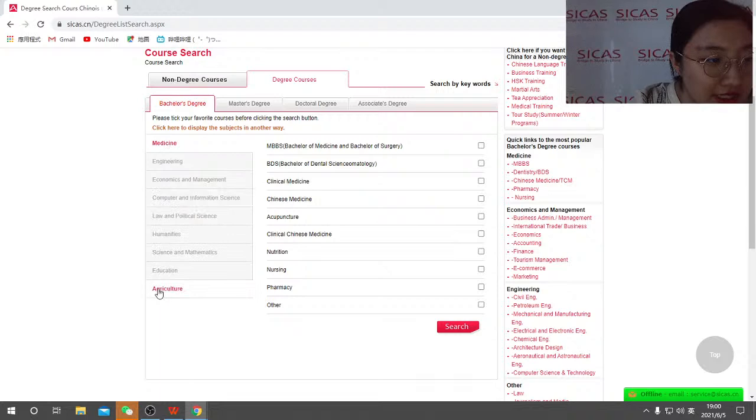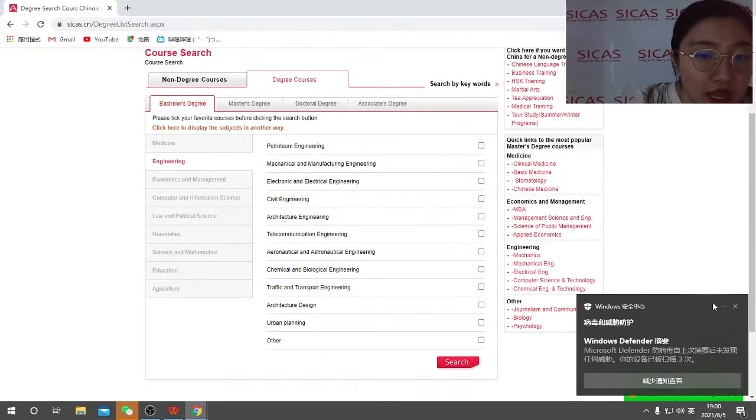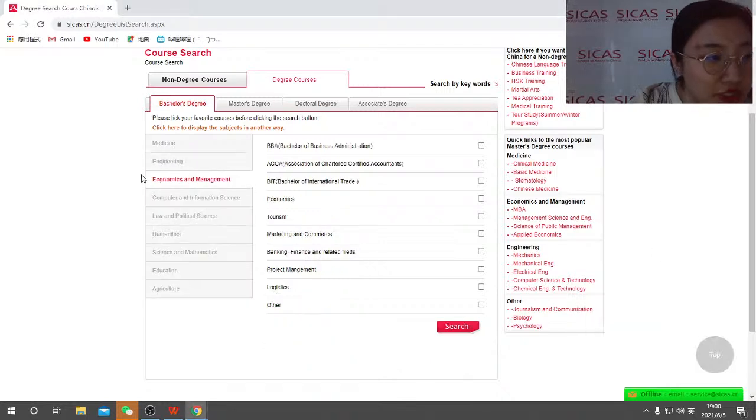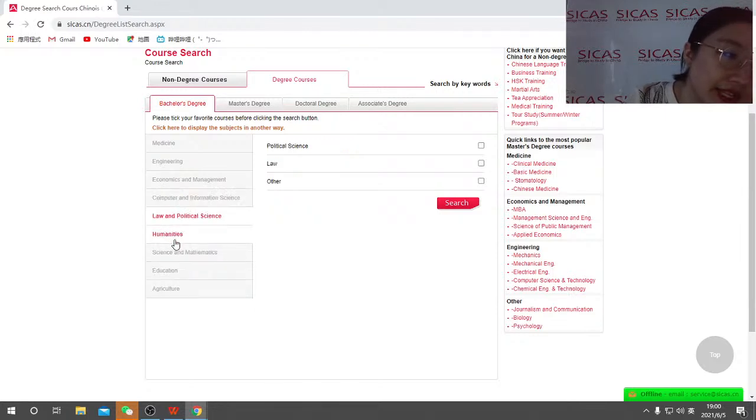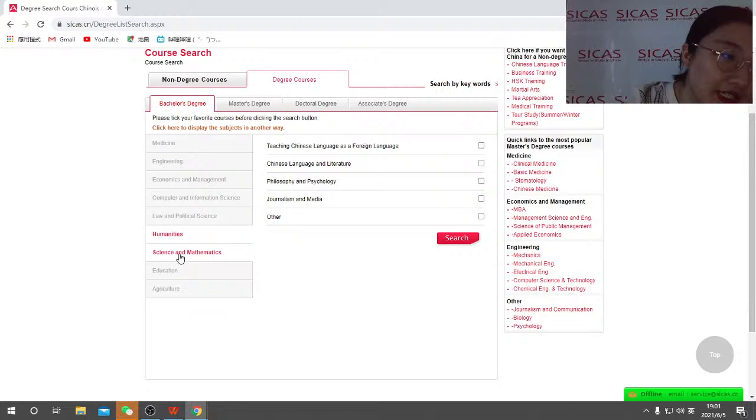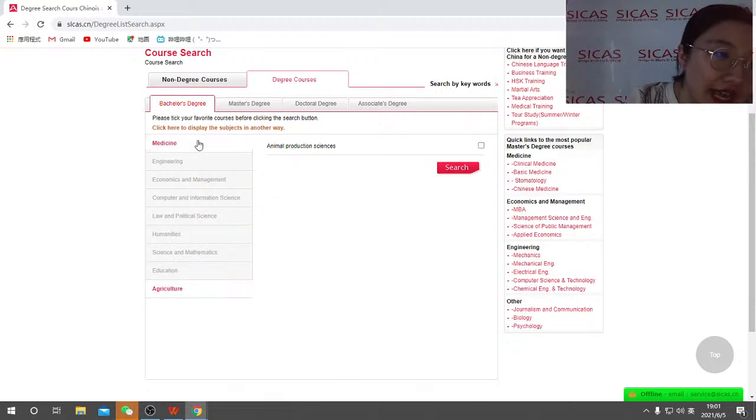So here's a list of things. Medical engineering is the most popular one. Then it's economics and management, computer science. We also have social science, like law and political science, humanities subjects, science and mathematics, education, and agriculture.